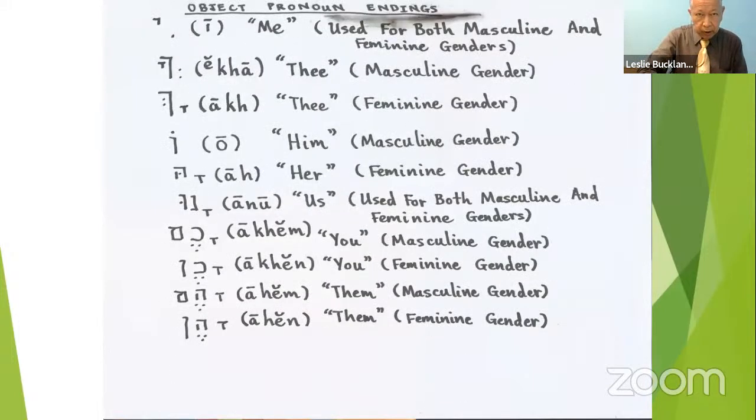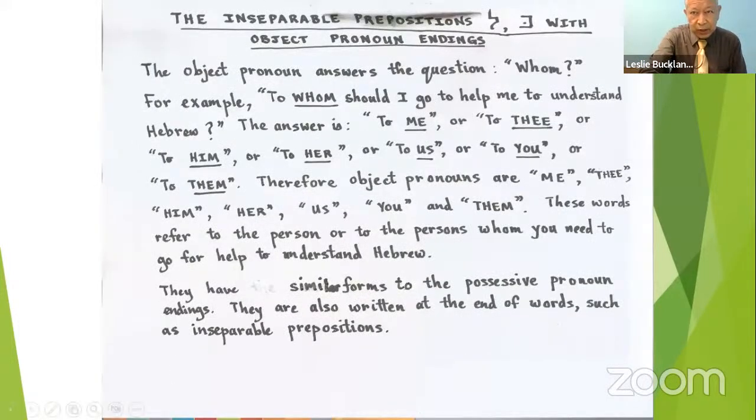Okay, so let us first of all look at the definition of the object pronouns. The inseparable prepositions lameth, baith with object pronoun endings is the title of the lesson. And here's the definition of the object pronoun. The object pronoun answers the question, who? For example, to whom should I go to help me to understand Hebrew?